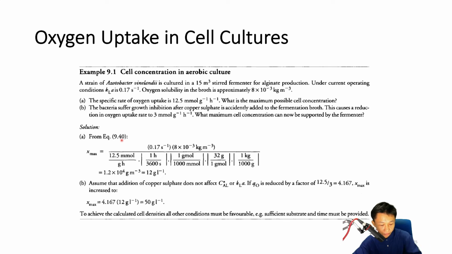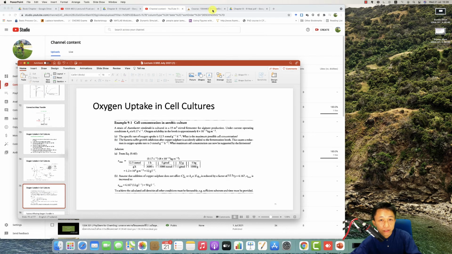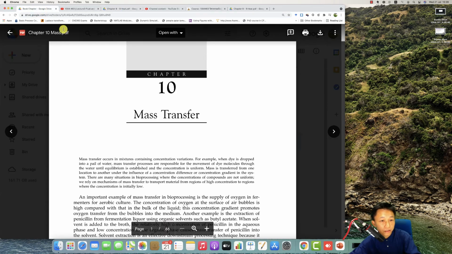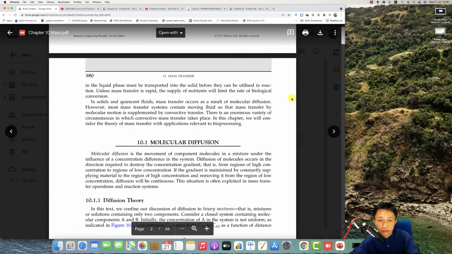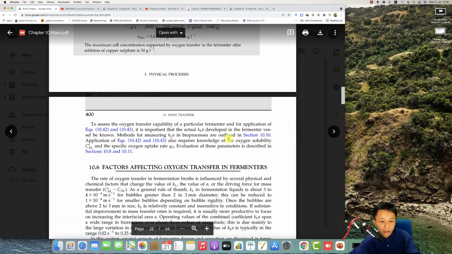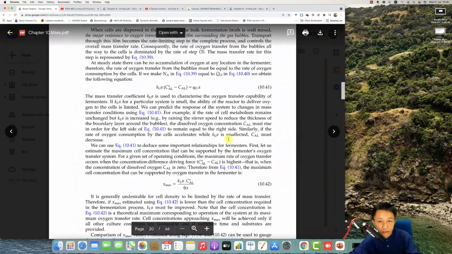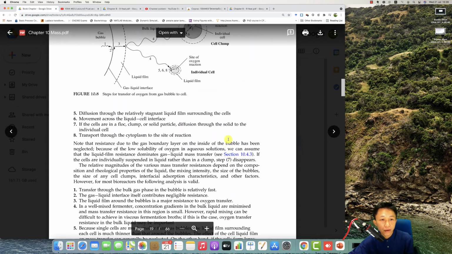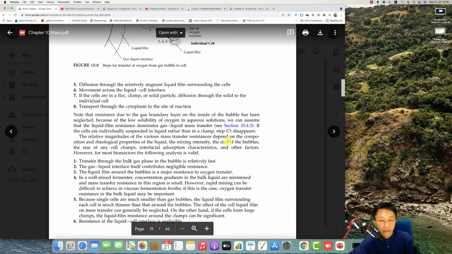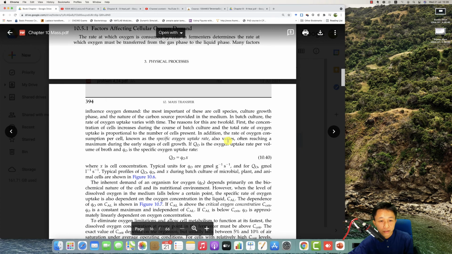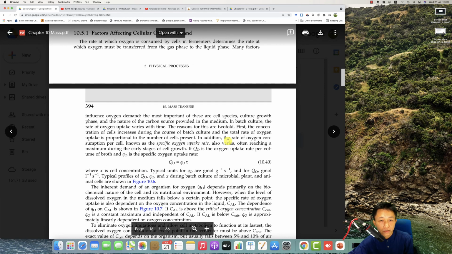9.47. Okay, let me have a look if we have this kind of thing. This is heat transfer, mass transfer. Okay, have a look at 9.40. Okay, this one, the maximum number. Okay, cell concentration, similar things.